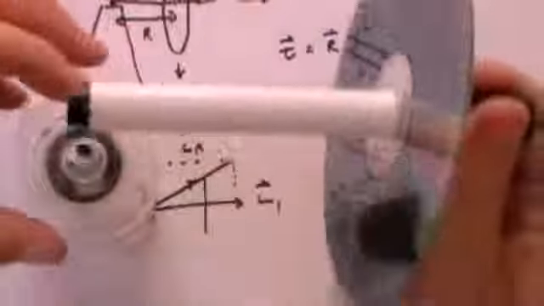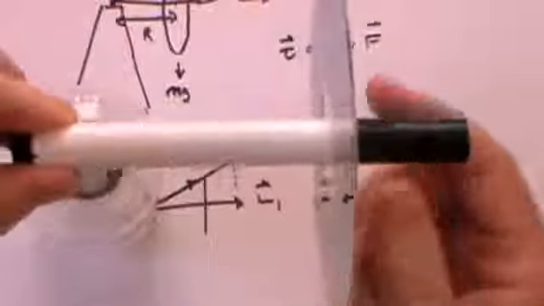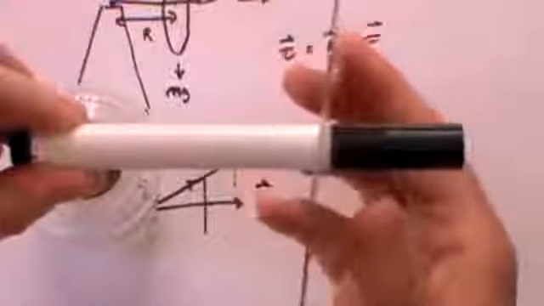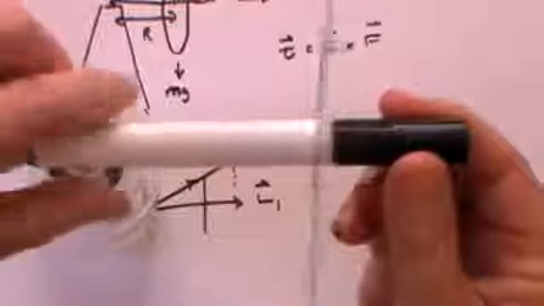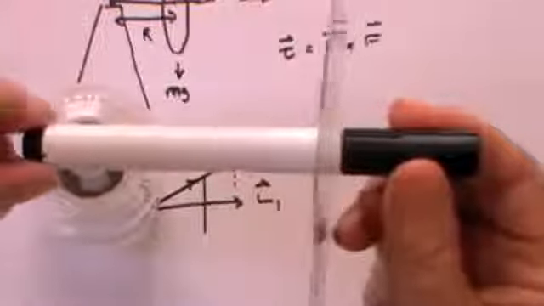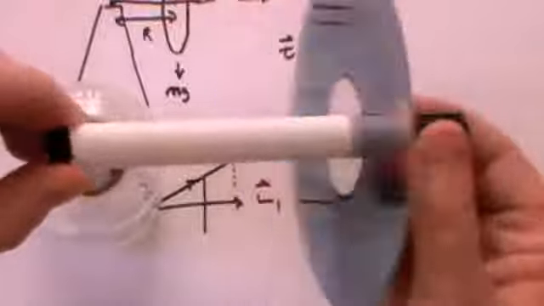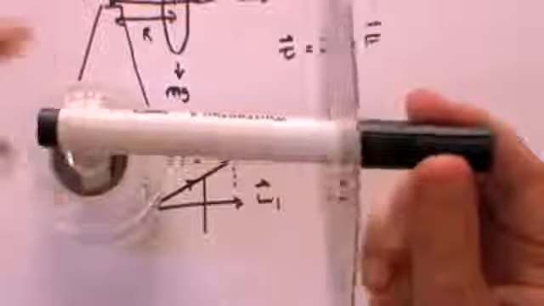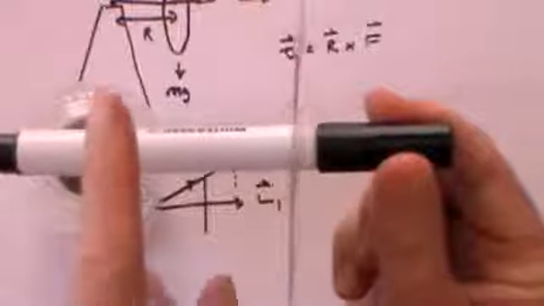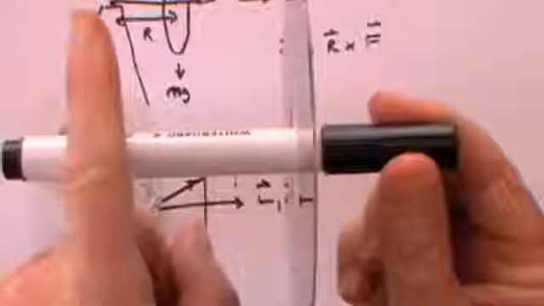Here is my axis sitting and the disc here. We'll pretend the disc is spinning. And what this says is that the force that is trying to create a rotation downwards will in fact create a new angular momentum pointing in this direction.